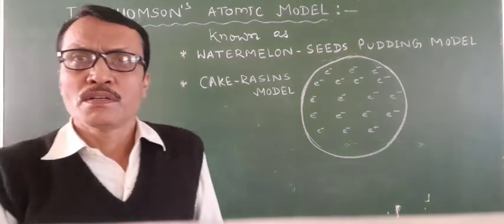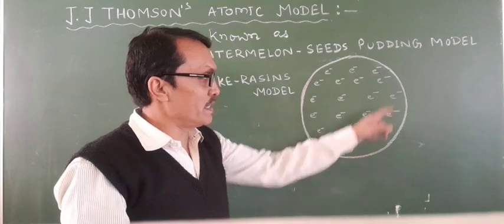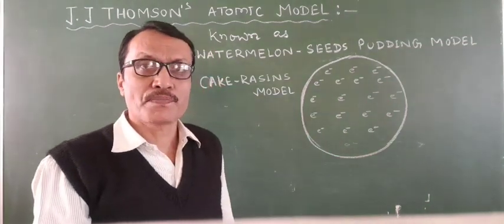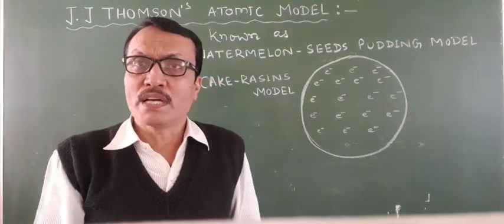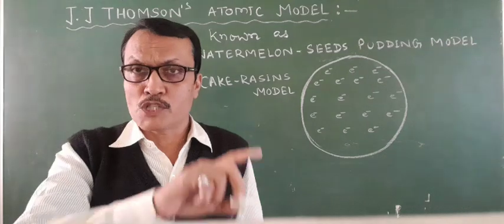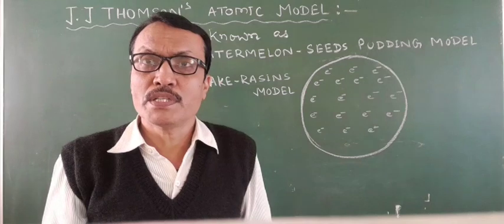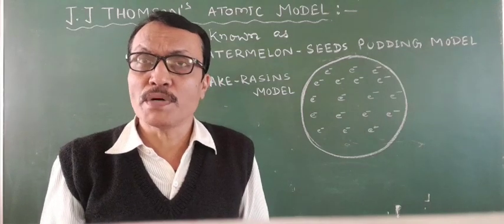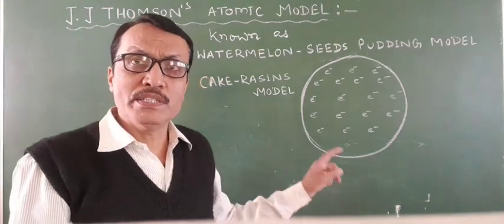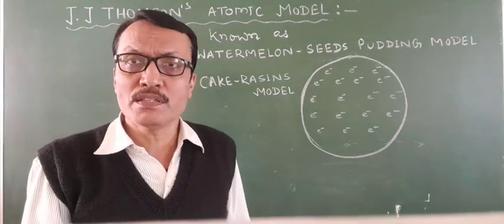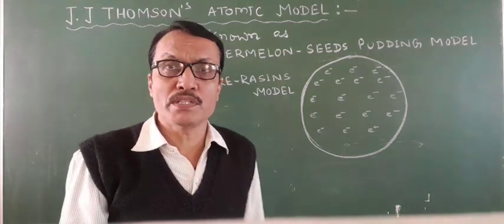Here, students, the positively charged particles have not been shown in this hollow sphere. The reason is that the entire space of this hollow sphere is full of uniform positively charged particles. As they are uniformly distributed, that's why they have not been shown here.